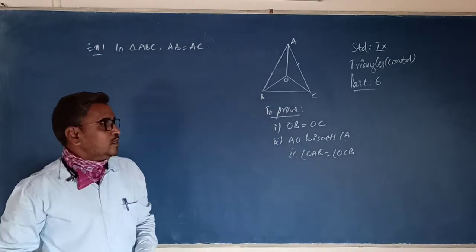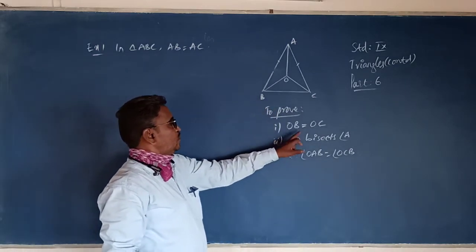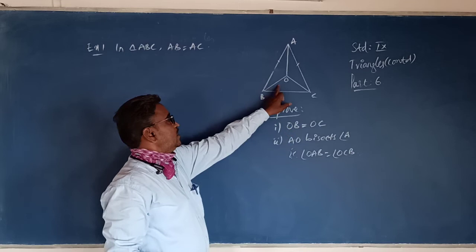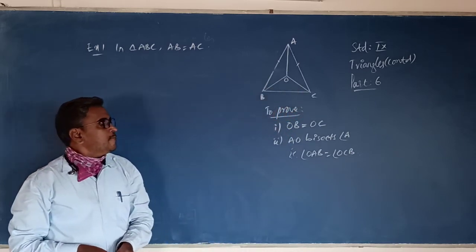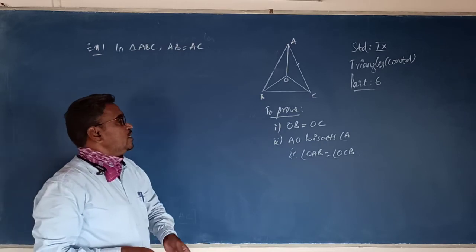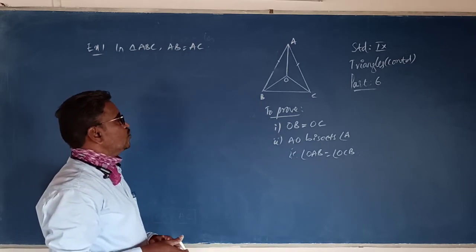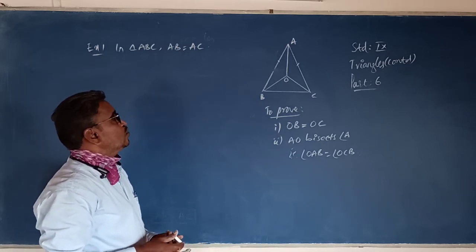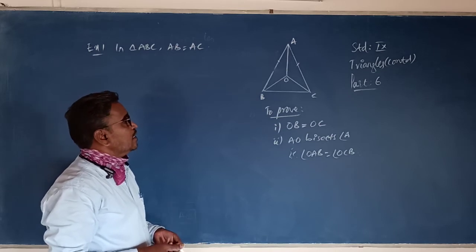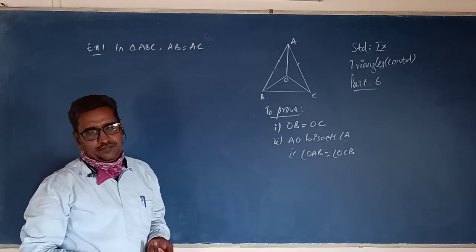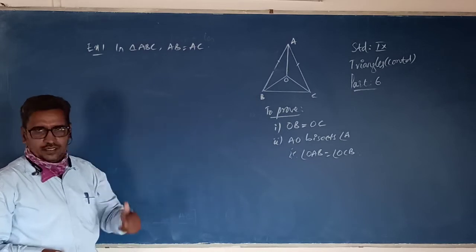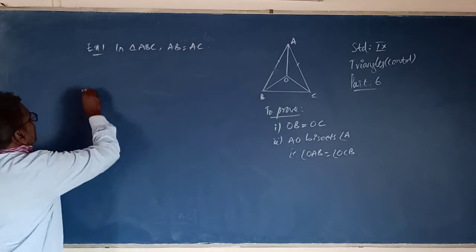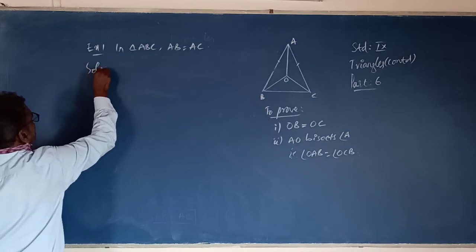Very important, OB equals OC. So OB and OC come in the triangles OAB and OAC, or OBA and OCA.